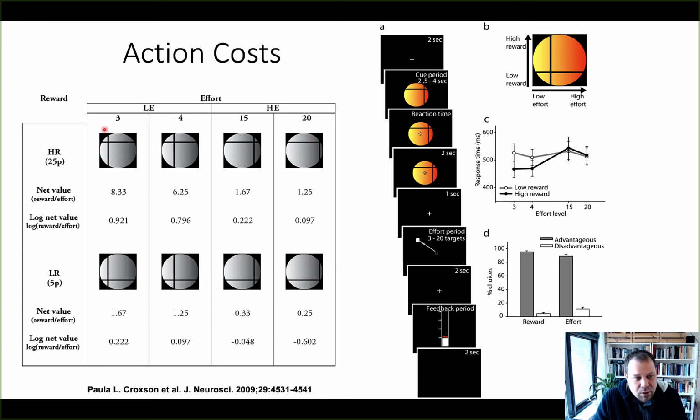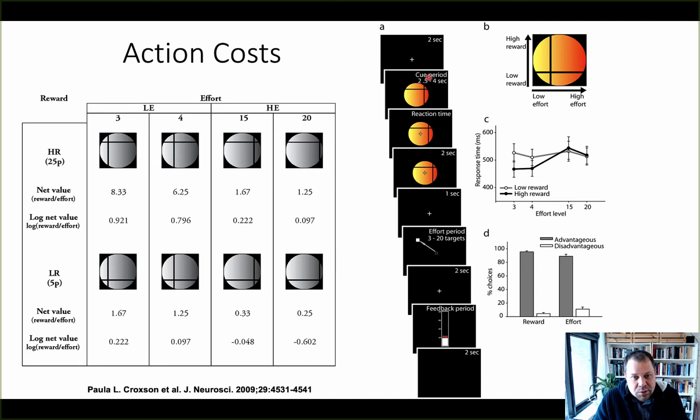Then we have the low effort bars, which are these vertical bars going down here on the left, and on the right indicates that it's a high effort type trial. So you have to cancel a lot of these targets to make the money that you can gain there. And this leads to a net value where reward is relative to the effort, which is something that the authors actually use later in their experiments.